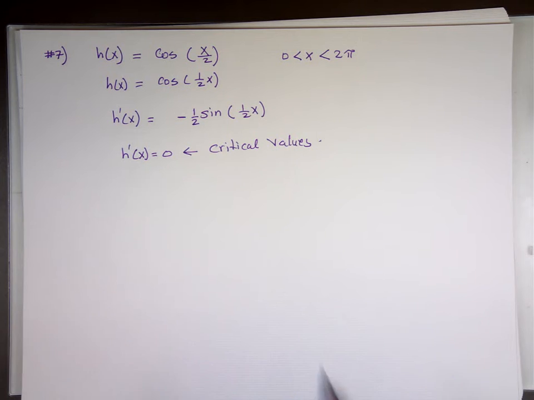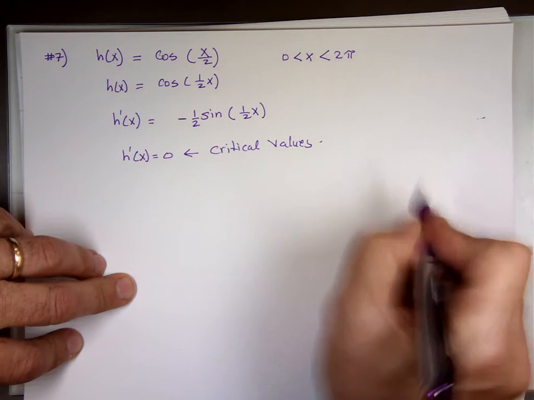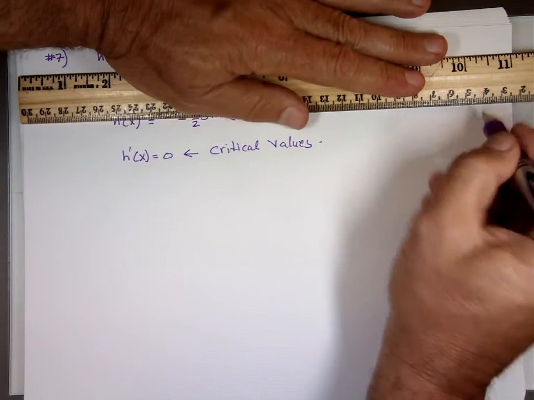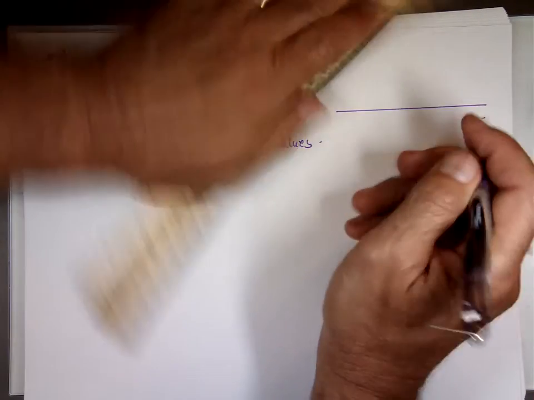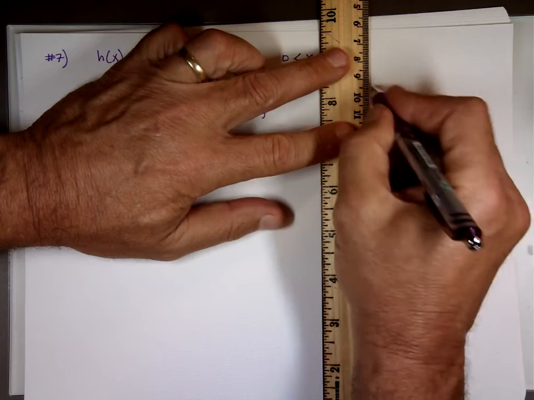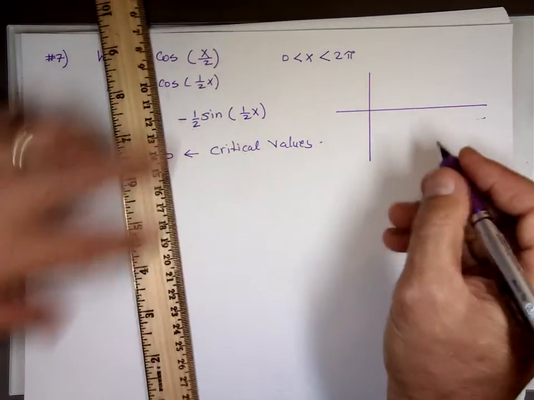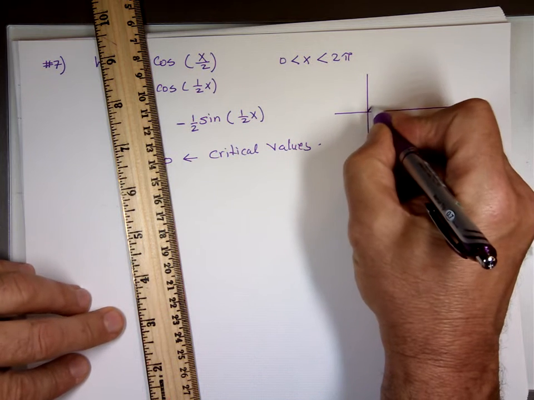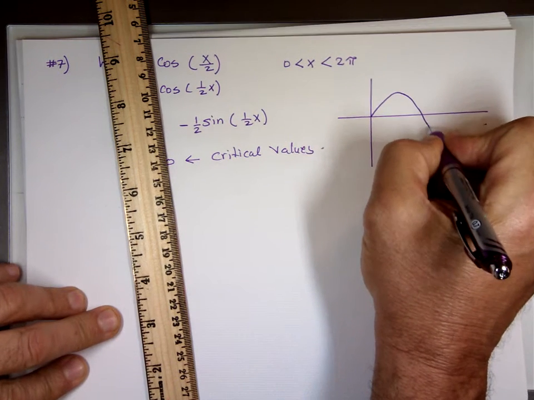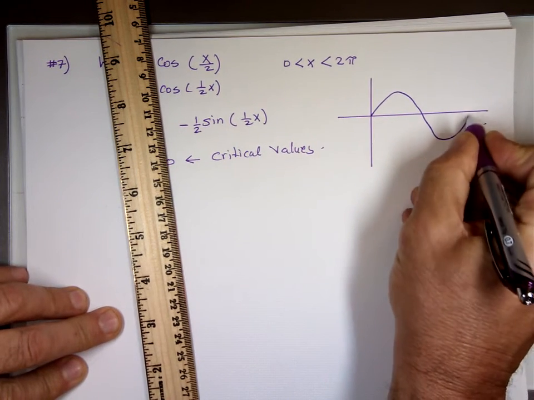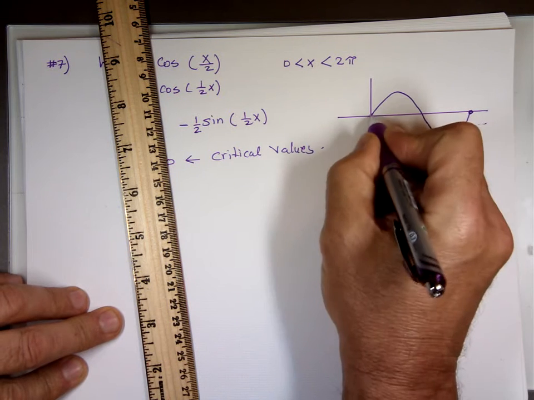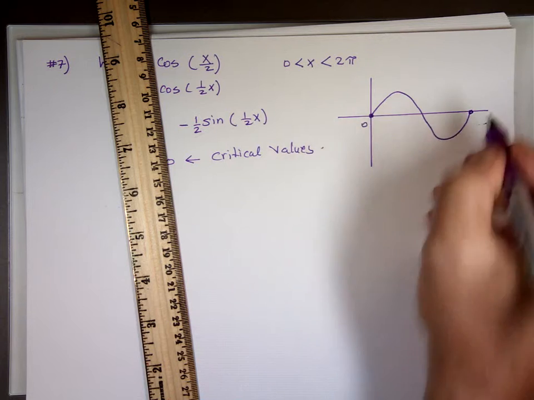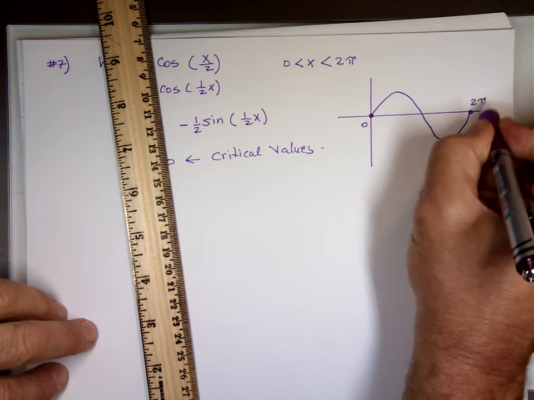Here's what sine of x looks like, in case you forgot. This is what sine of x looks like. This is the 0. This is the 2 pi. This is the pi.